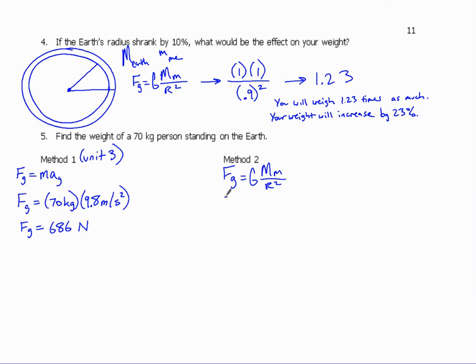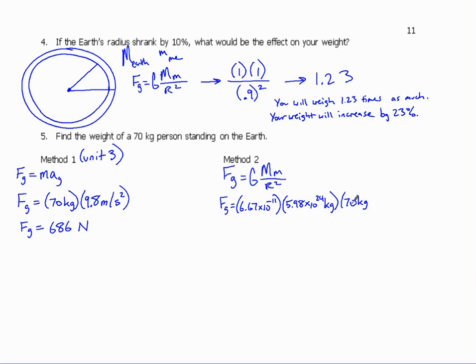Method 2 is from this unit, using Newton's law of universal gravitation. Mass of the Earth: usually we say 6 times 10 to the 24th kilograms. This time we're going to use a slightly more accurate number, 5.98 times 10 to the 24th kilograms.